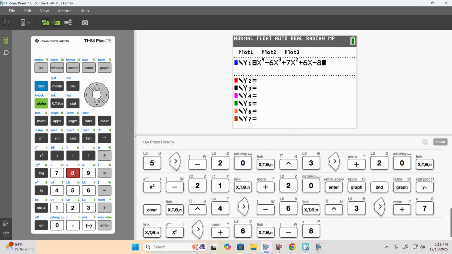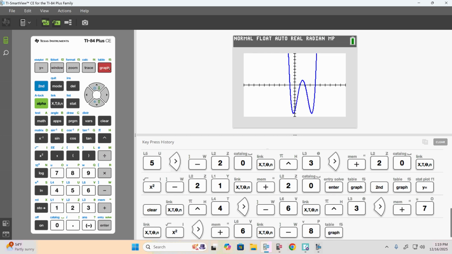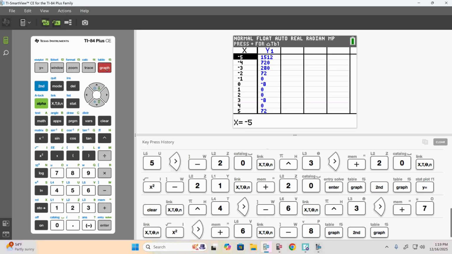Since the degree is 4, we should have how many solutions? 4. Now, the minimum number of solutions we need is n minus 2. Degree is 4, so 4 minus 2 would give us 2. And if I graph this, we see that it intersects the x-axis at 4 spots, yes? So as long as those are all nice zeros, that's going to be helpful.